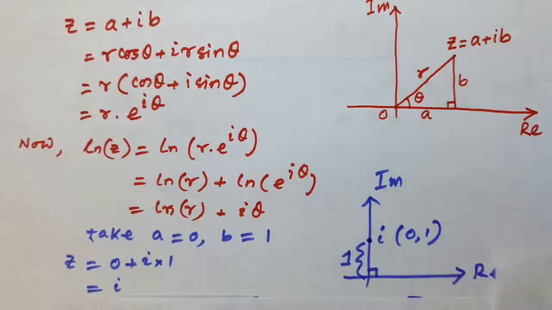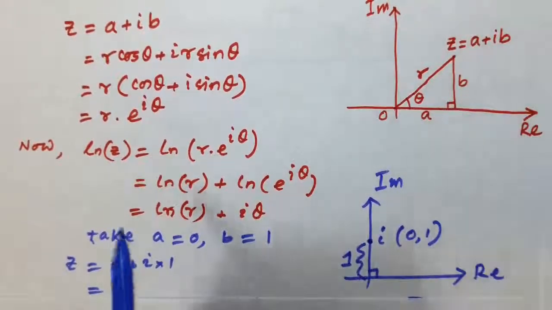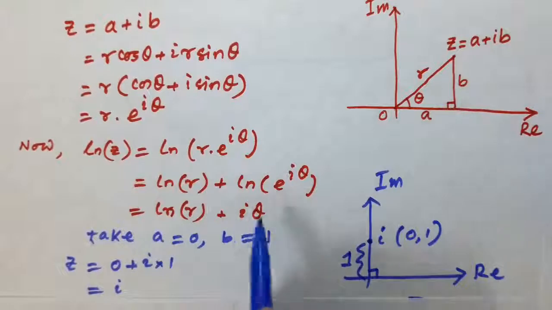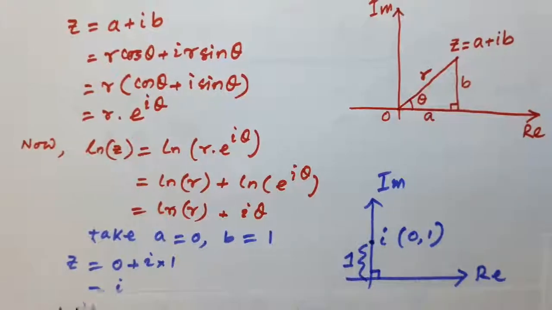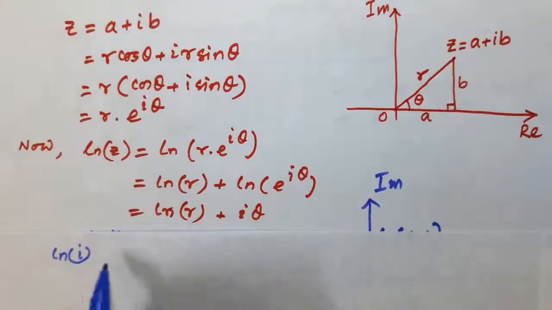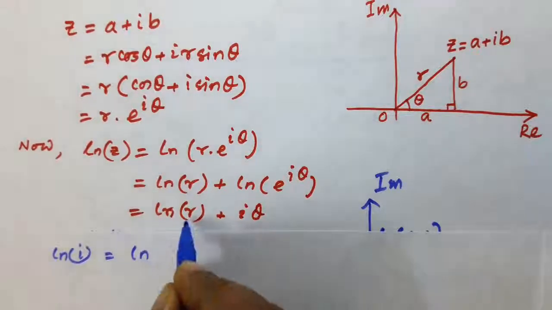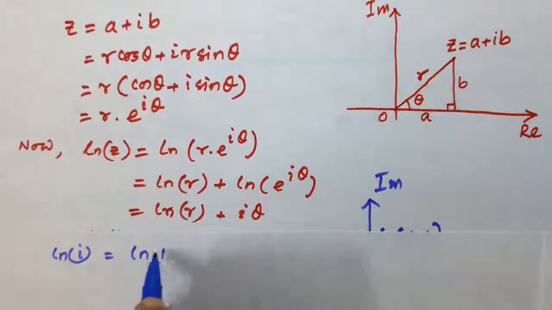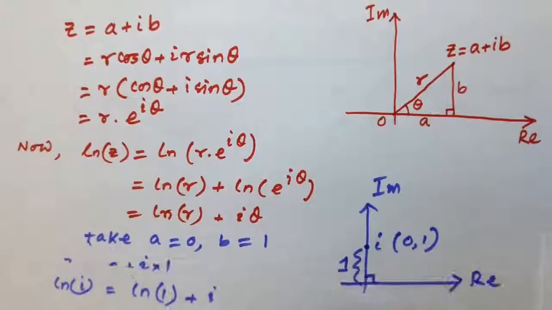Now we shall see what is ln I, because ln z is equal to ln r plus I theta, and the complex number z is equal to I. So ln I is equal to ln r, r is equal to 1, so ln 1 plus I theta. Theta is equal to pi by 2.